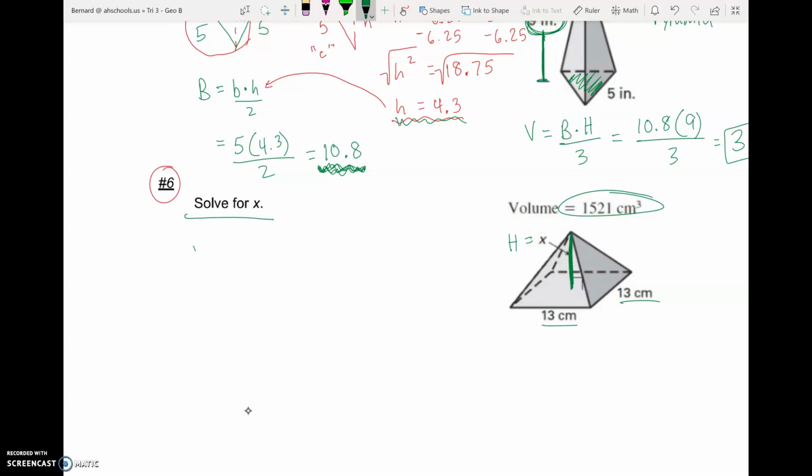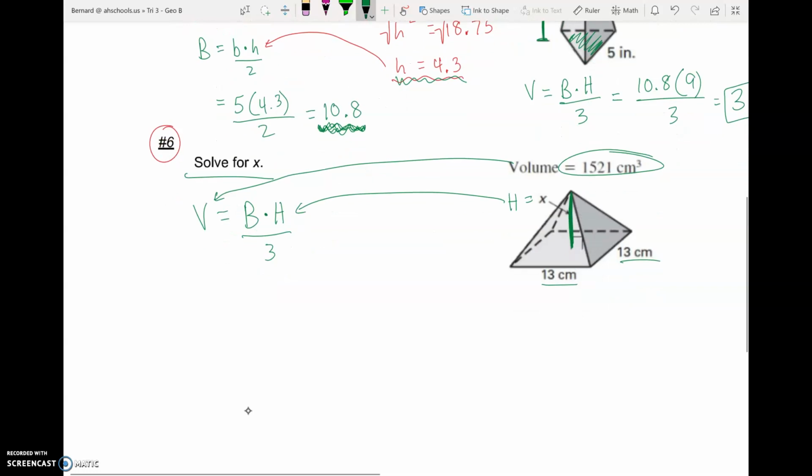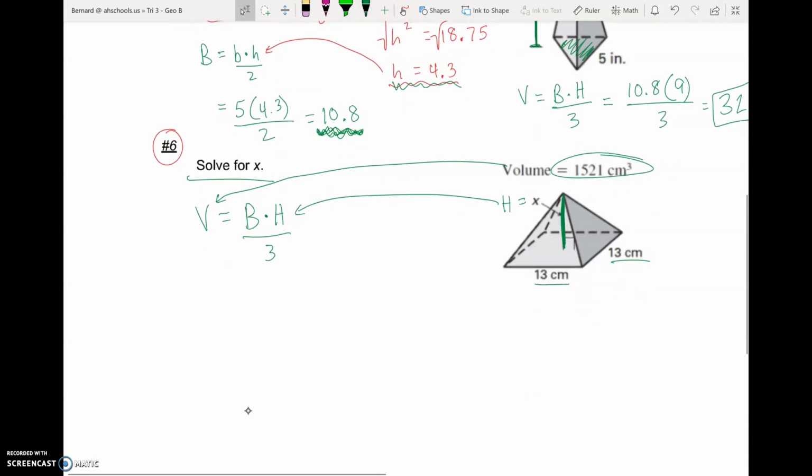So remember, volume formula for a pyramid is going to be volume equals big B times big H divided by 3. We have volume, that is 1,521. We have h, kind of, right? We know that that's what x is, so we'll be able to solve for that.